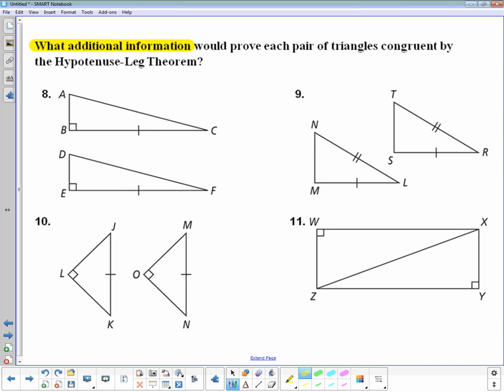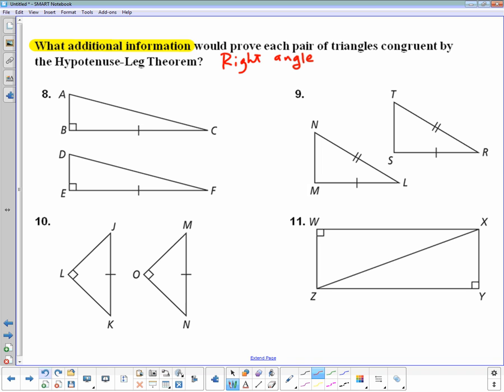Okay. All right. So what are the 3 things we need for hypotenuse leg? I need 3 things. I need a right angle. And what else do I need? A right angle, but what else?